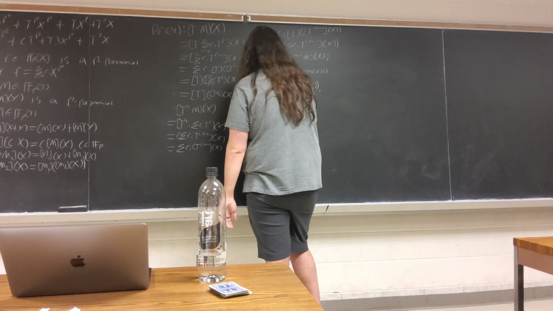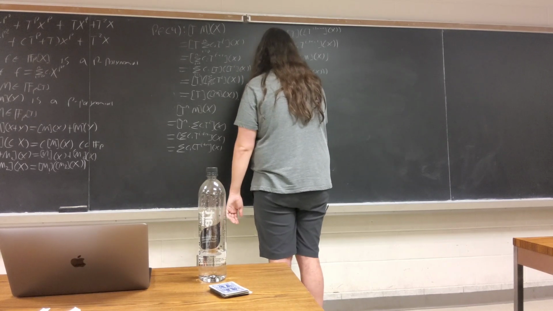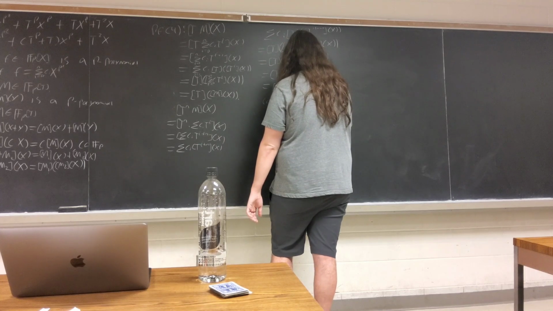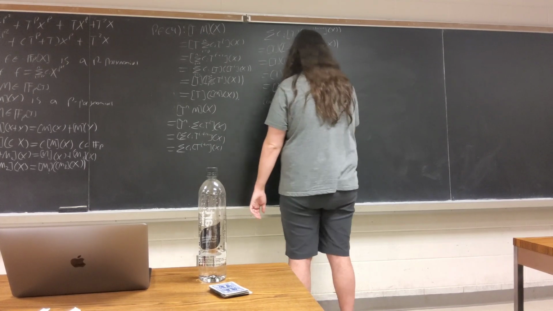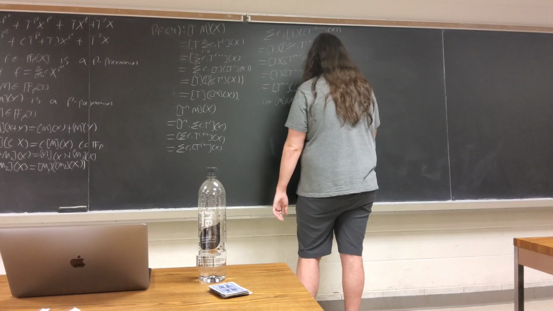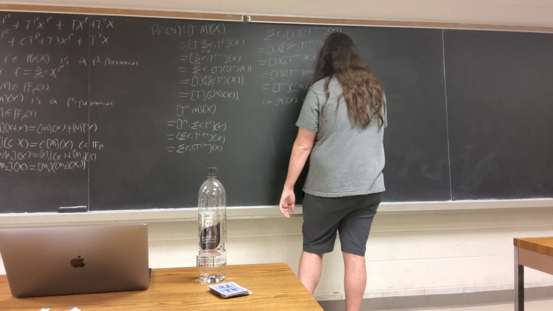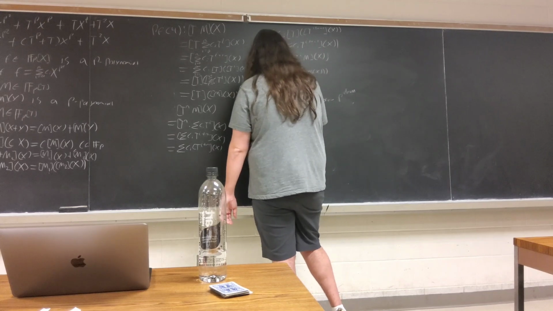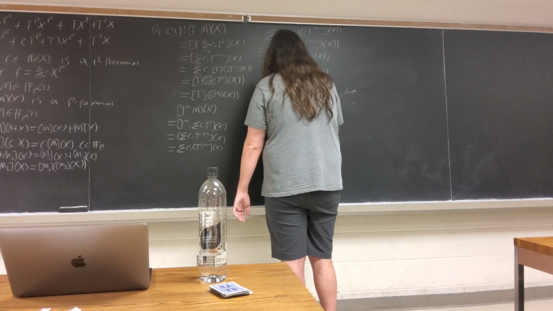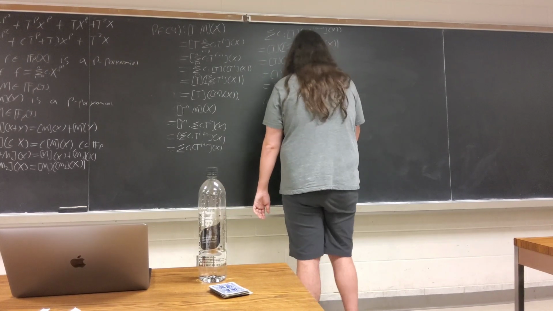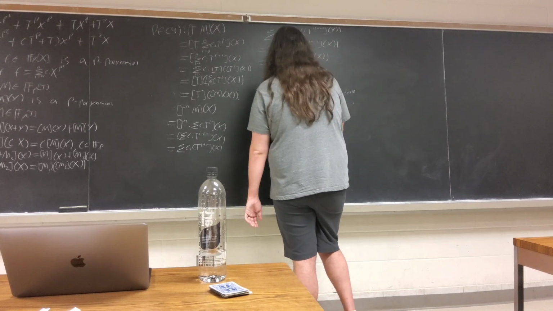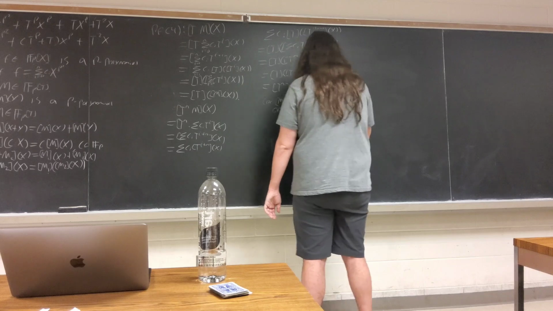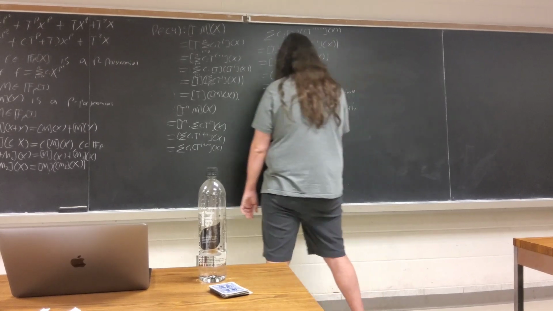So I can just write another corollary. So we have m of x as degree p to the m, and the degree 1 term is m.